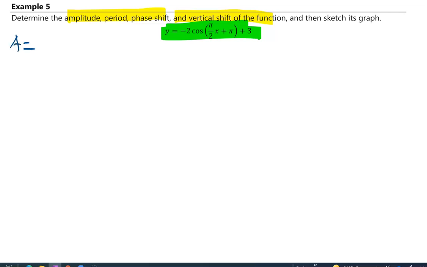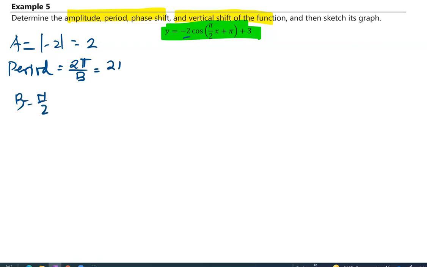The amplitude is the absolute value of negative 2, which is 2. The period is equal to, remember, 2 pi over b, and b is pi over 2, so it's 2 pi over pi over 2.